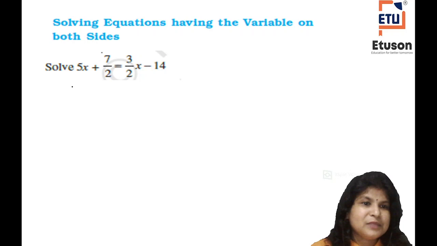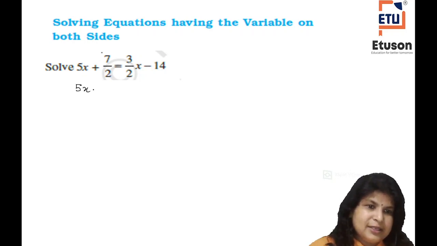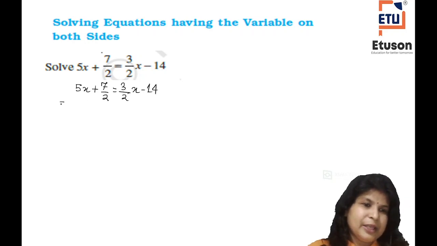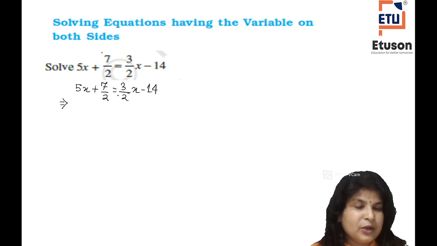First I will write the original equation as it is: 5x plus 7 by 2 is equal to 3 by 2x minus 14. Then I will take all the variables to one side and all the constants to the other side. The variable is x here.